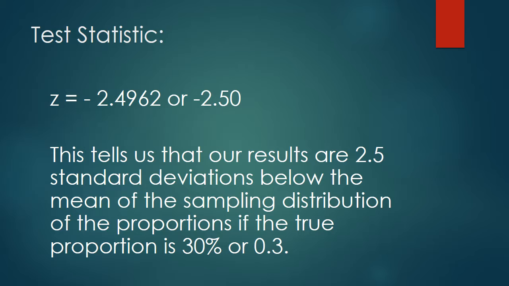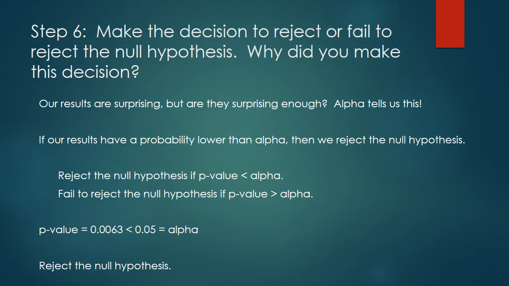So that's pretty far away, quite a bit below. Now we want to know, does this cause us to reject or fail to reject the null hypothesis? Again, we had a low probability of getting our results, 0.0063. Is that low enough?